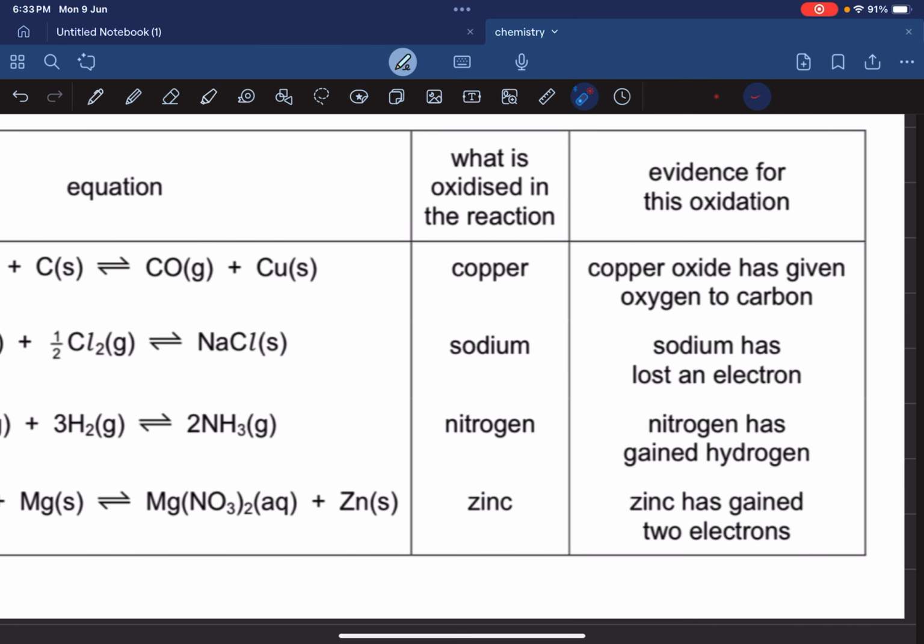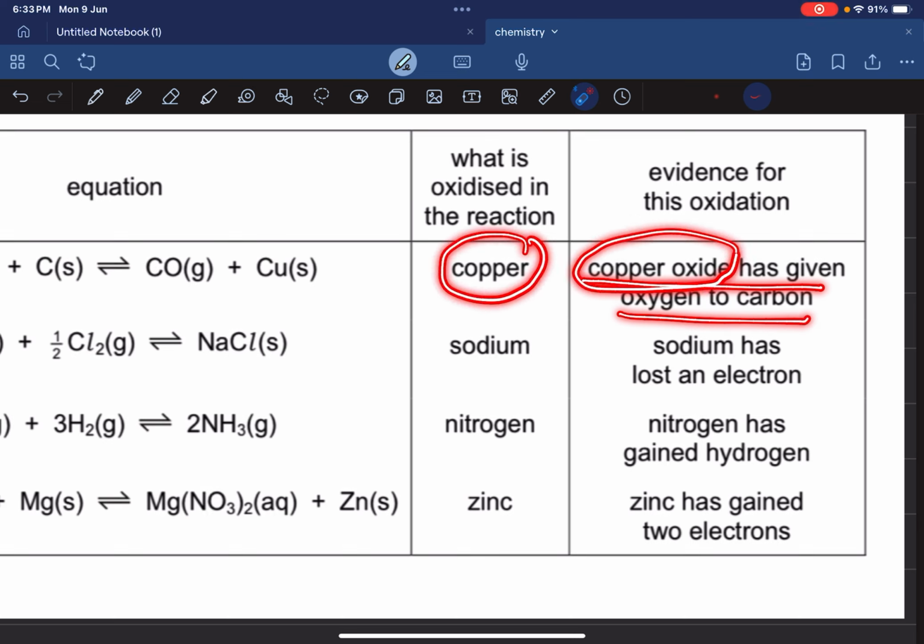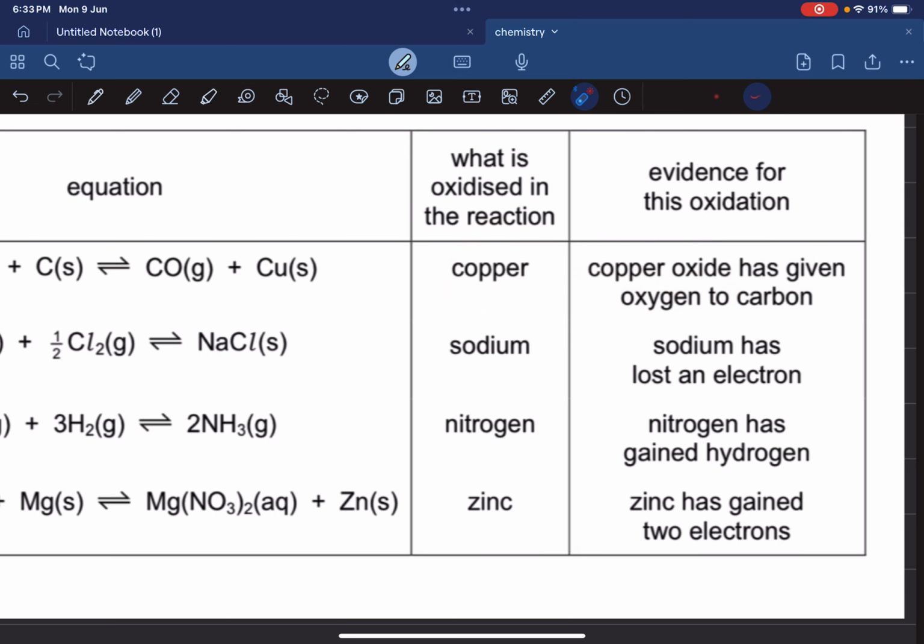I know oxidation is loss of electrons or gain of oxygen. Copper oxide has given oxygen to carbon, so it has lost oxygen. If I give my money to someone else, I have lost my money. So how can it be oxidized? It has to be reduced. It has lost oxygen, so this is incorrect.